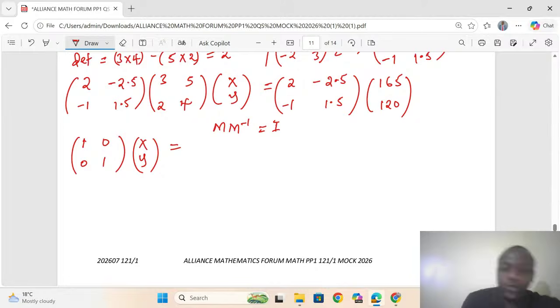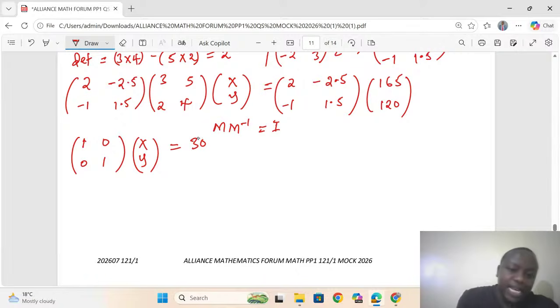This now equals to, the other side now we multiply row times column, 2 into 165. Negative 2.5 into 120. This gives me 30. Then for the next row and the same column, negative 1 into 165 plus 1.5 into 120.